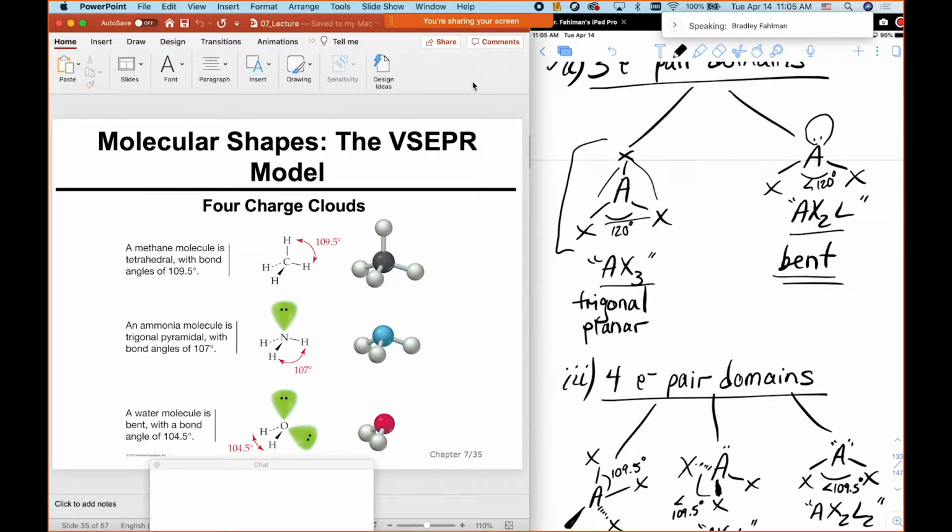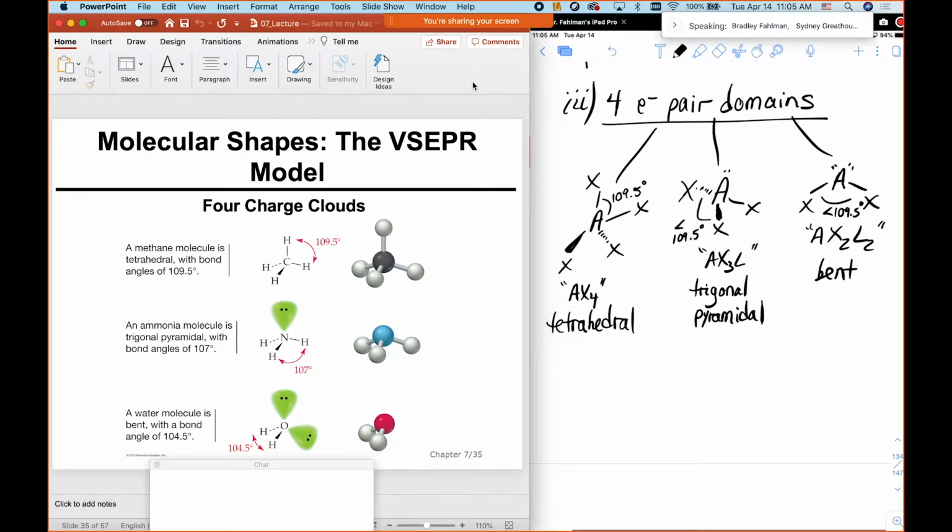Remember that this lone pair takes up a lot of space, so it's going to repel these bonding electrons, and the angle is going to be a little less than 120. For the final exam, not for next week, you should have an idea about these angles too. I'm not going to ask you for the exact one, but you should know that it's less than 120.